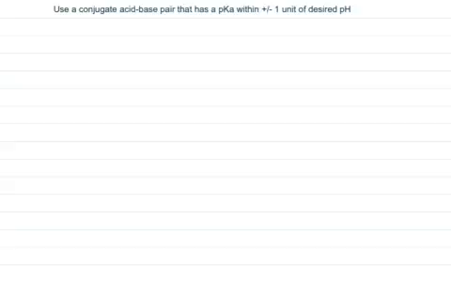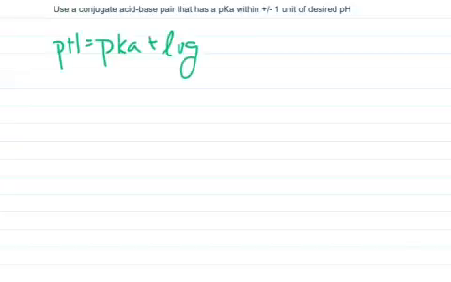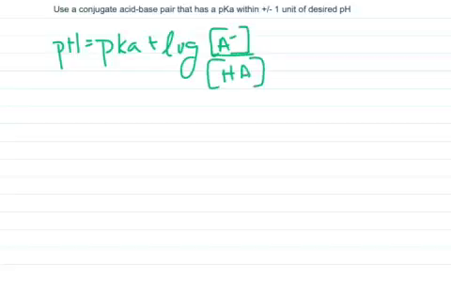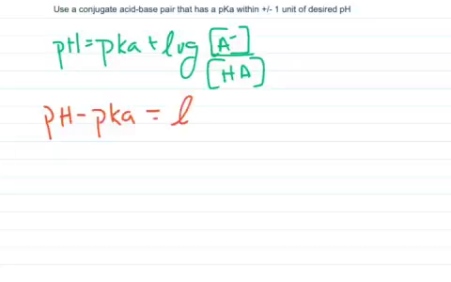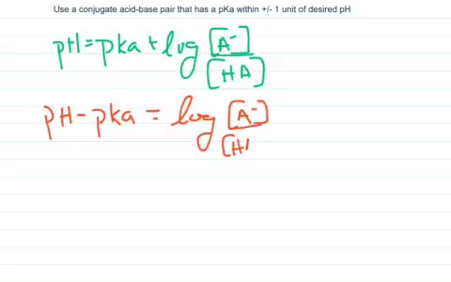Now, how do we find the ratio of our acid to base? Well, we take the Henderson-Hasselbalch equation, pH equals pKa plus the log of our base over our acid, and we rearrange this equation. First, I'm going to take the pKa and subtract it from the pH. So pH minus pKa is equal to the log of our base over our acid.